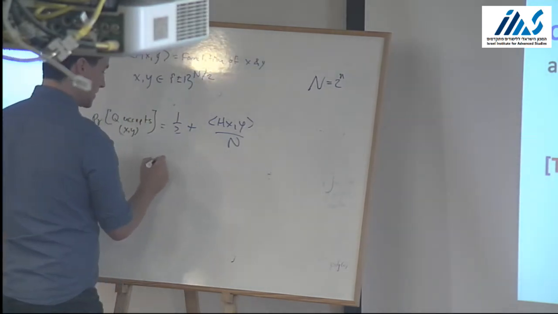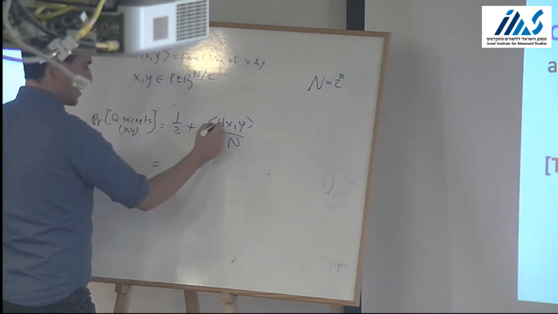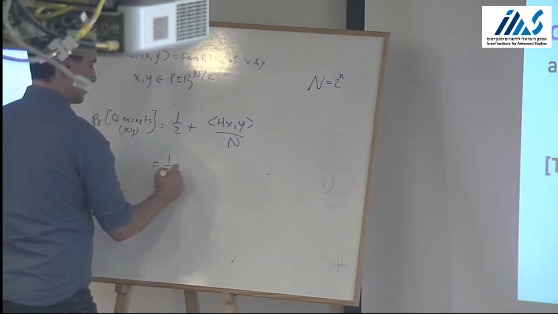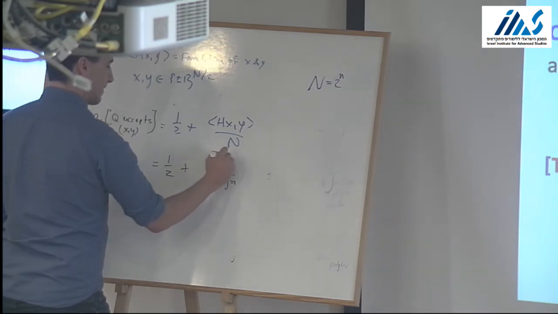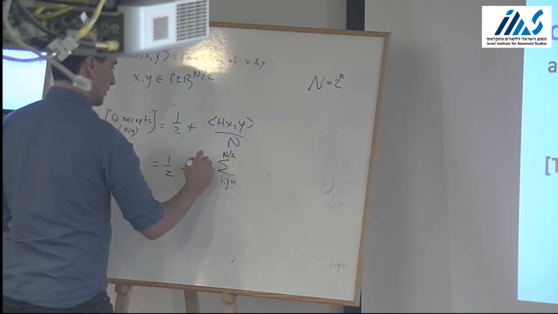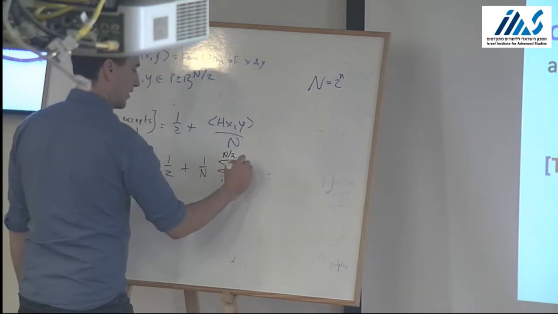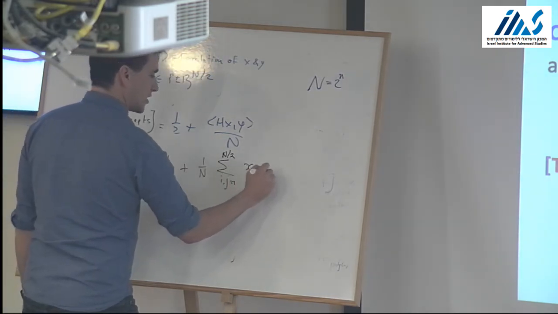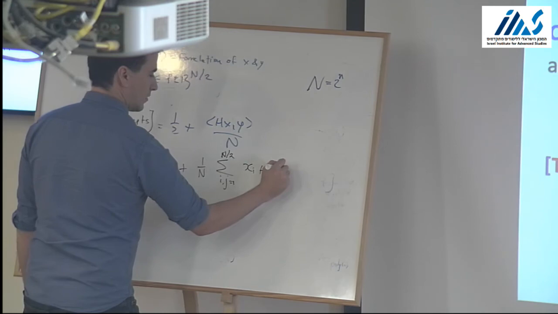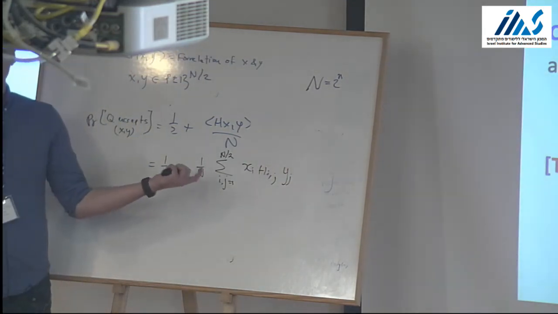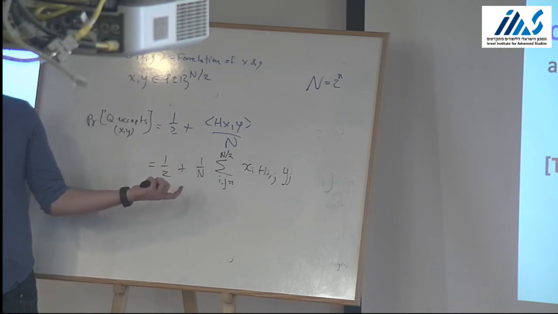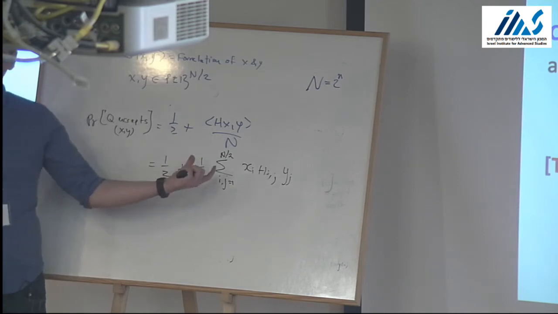And if you open this up, this is really a polynomial in the x variables and the y variables, a sum over i's and over all j's going from 1 to n over 2. I have 1 over n outside, and I have here x_i, h_ij, y_j. So as a polynomial in the x and y variables, this is a quadratic polynomial, but you can see that it has order n squared terms.